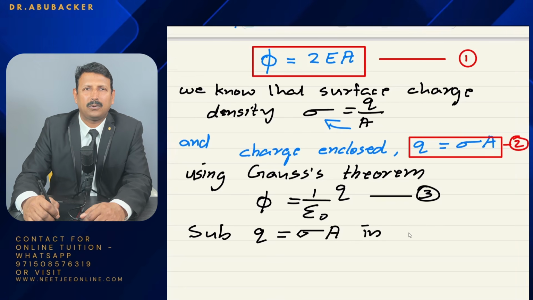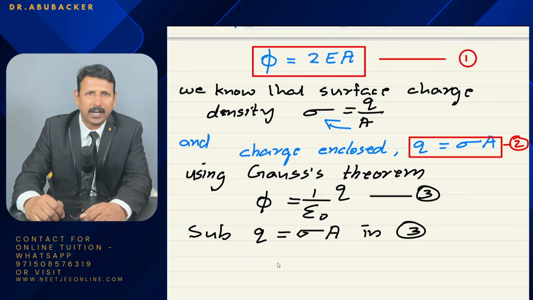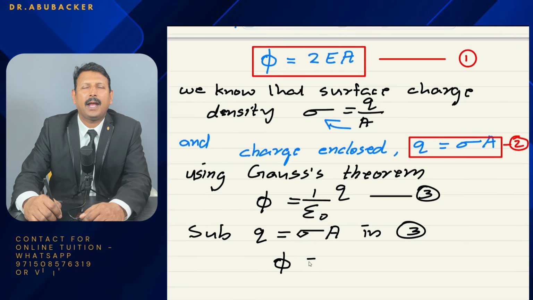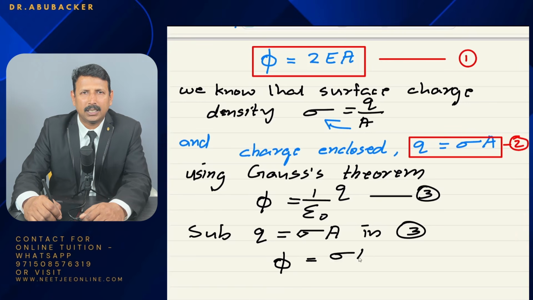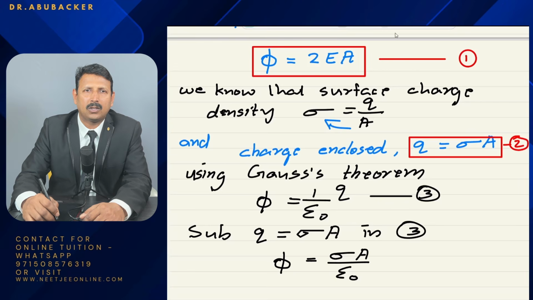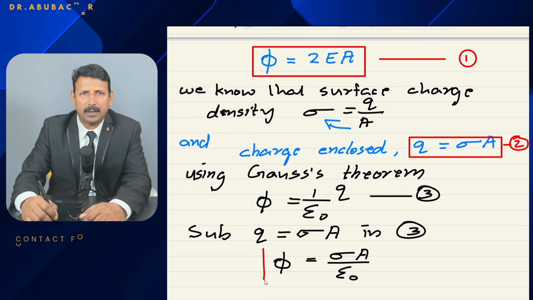So substituting in the flux equation, phi is equal to 1 by epsilon 0, and in place of Q we write sigma A. So flux is equal to sigma A by epsilon 0.